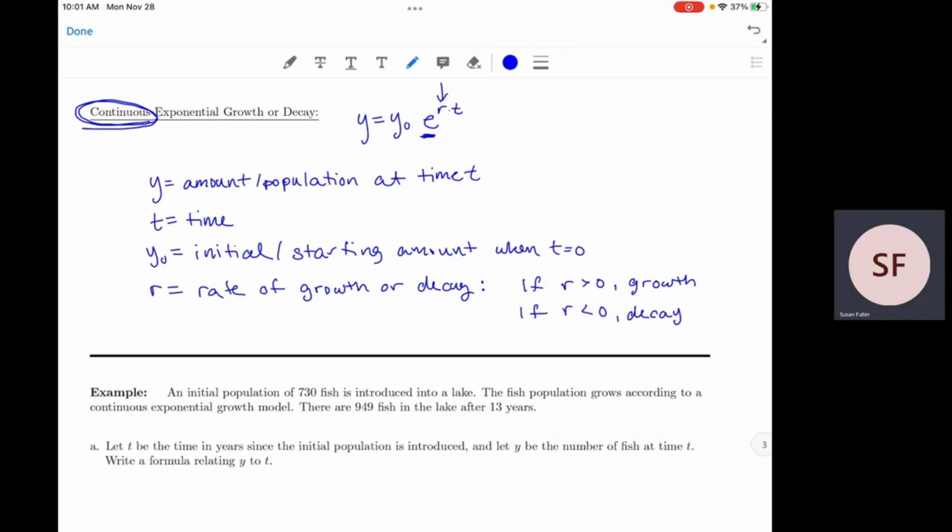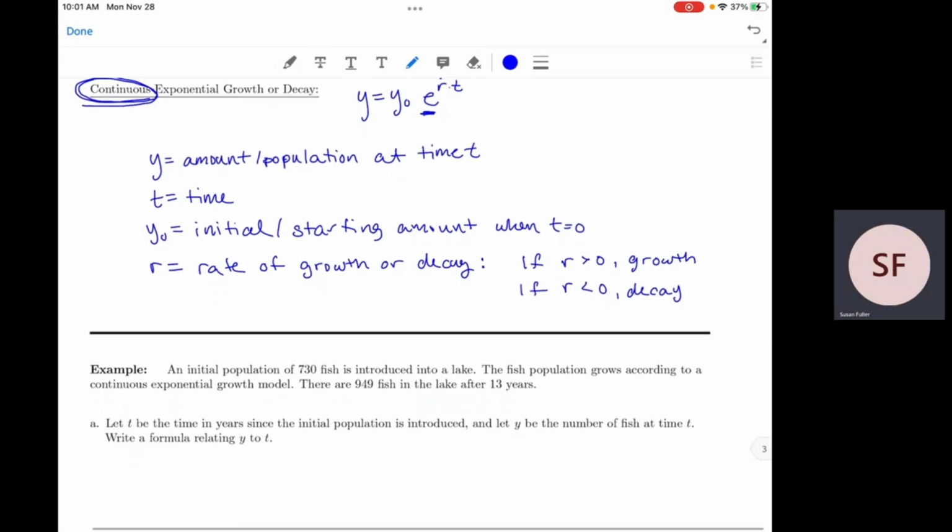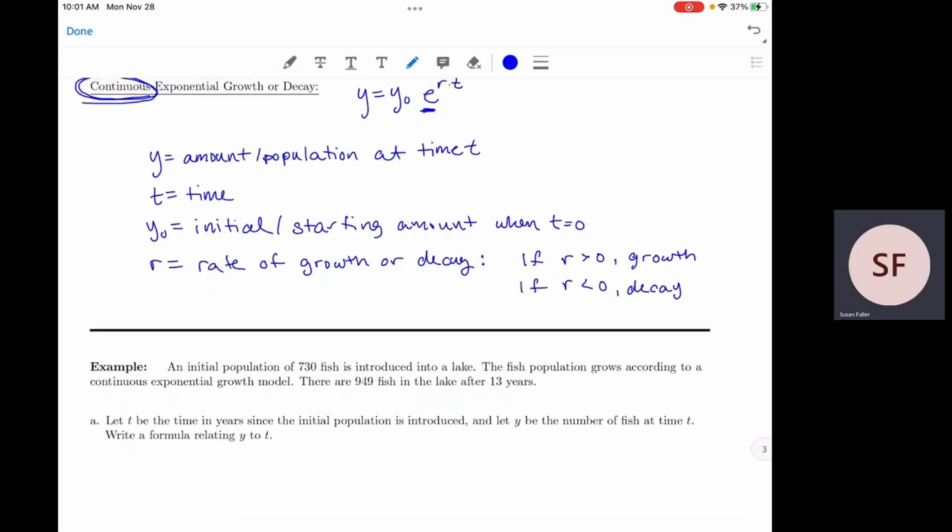Okay, so let's do an example of this. An initial population of 730 fish is introduced into a lake. The fish population grows according to a continuous exponential growth model. There are 949 fish in the lake after 13 years.